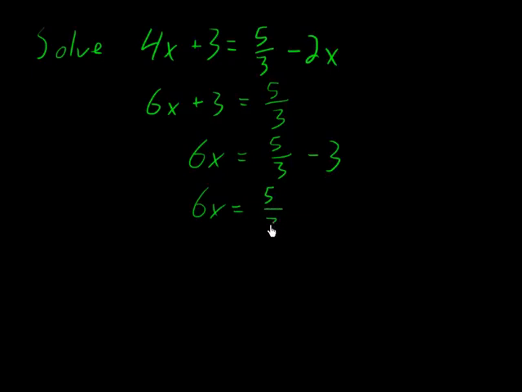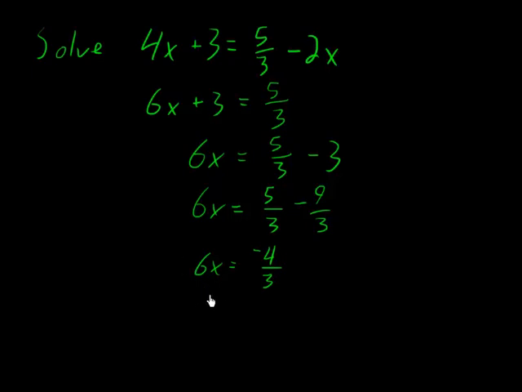Need to get a common denominator, so this is 5/3 minus 9/3, so 6x equals negative 4/3. To solve for x, we can now multiply both sides of the equation by 1/6 or divide both sides of the equation by 6.